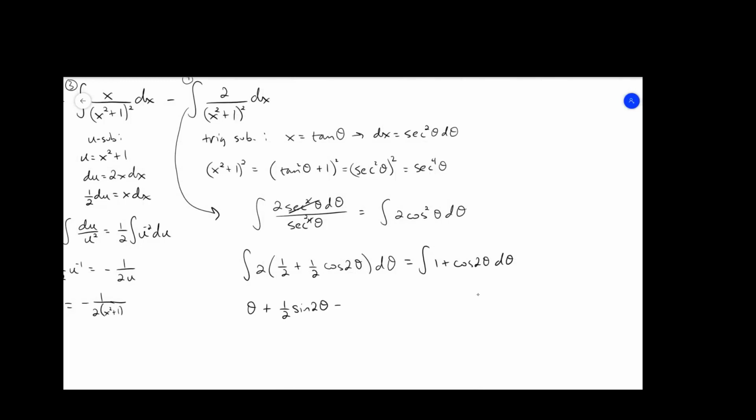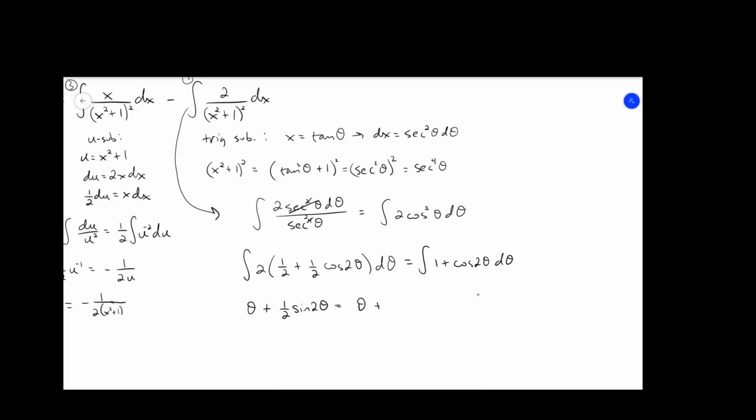And if you remember, in order to deal with that sine 2 theta, to change it back into x's, we can't have a 2 theta there, so we have to use a double angle identity there. Just the identities all over the place there. We still also have to draw the triangle, but we are going to have to deal with that sine 2 theta.